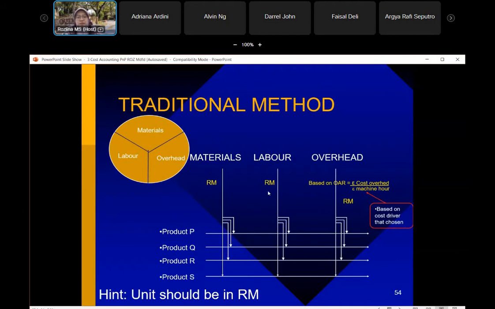So the hint is the unit should be in ringgit Malaysia. Then you can add up these three to get the total cost of product P, and then calculate the cost per unit for each product.